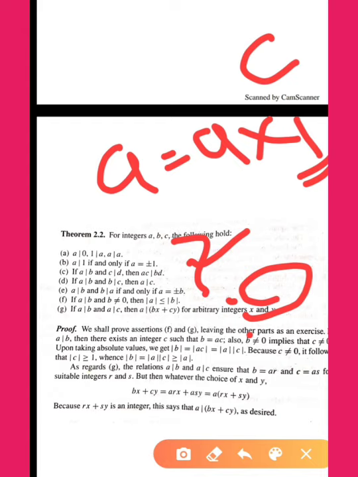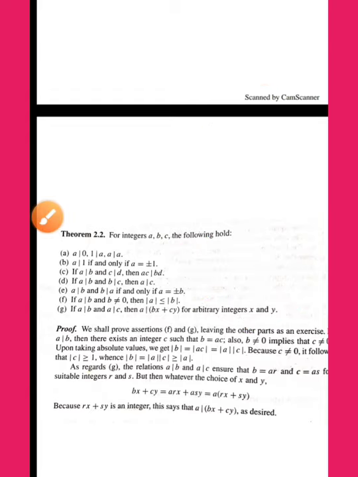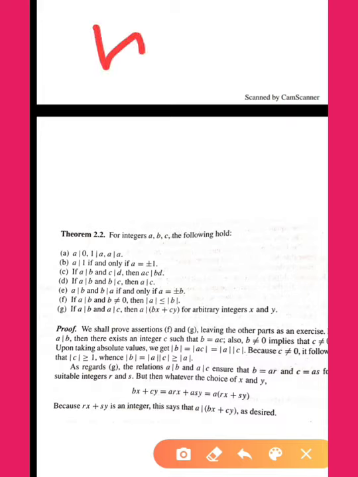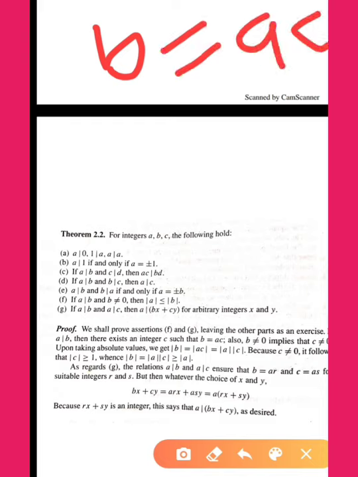What is property f? If a is a divisor of b and b is not equal to 0, then mod a is less than or equal to mod b. Let us apply the definition. a is a divisor of b if and only if b equals a times c for some integer c. Here b is non-zero, therefore c is guaranteed to exist and is non-zero. Now let us take the modulus.